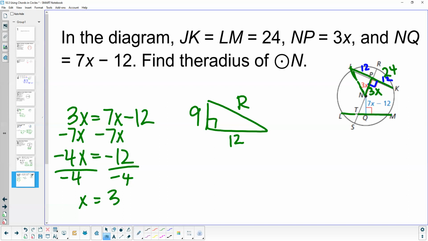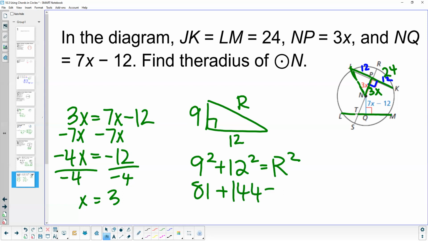So then what we need to do is figure out what r is, and just like in the previous problem, we can use the Pythagorean theorem to figure that out. And so we've got 9 squared, which is 81, plus 144 is equal to r squared. And if we do that math there, 81 plus 144 is going to be 225.